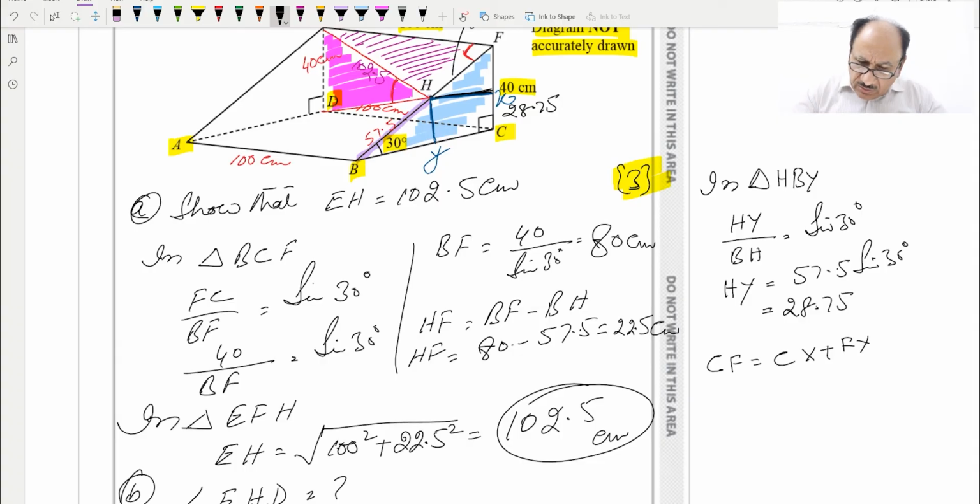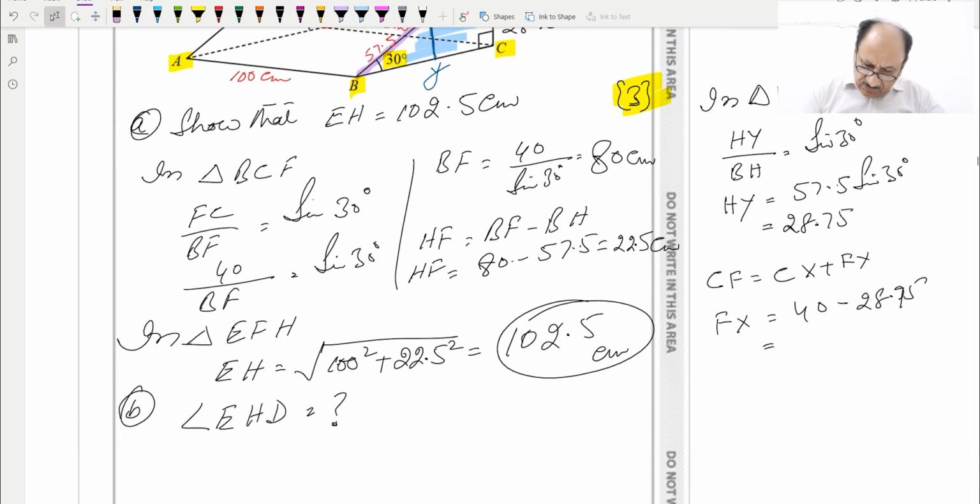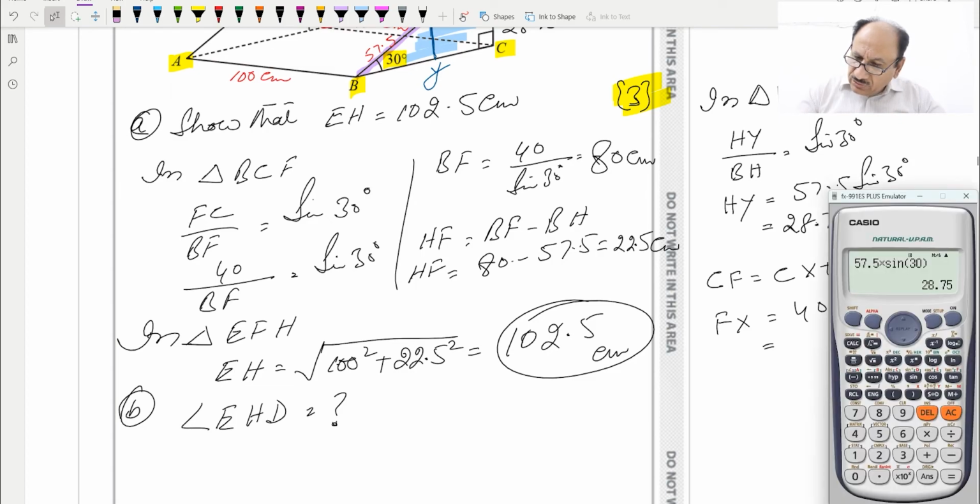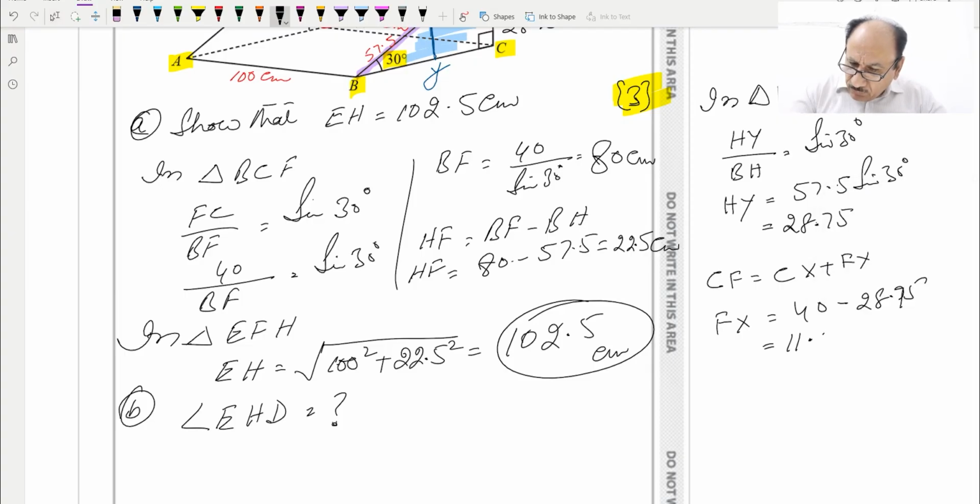So we can write, this will be fx we need to find, so fx will be equal to 40 minus 28.75, and this will be giving us 11.25 centimeters.